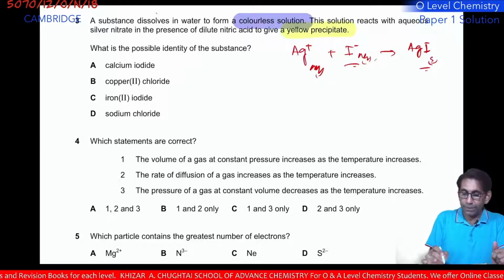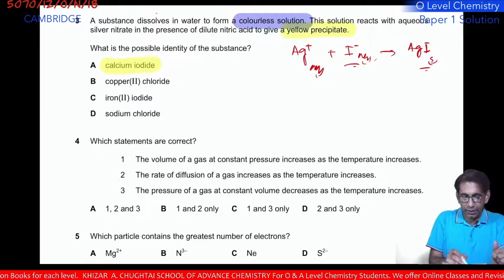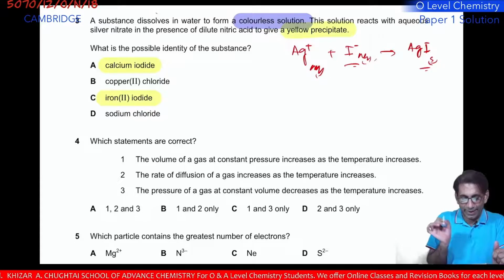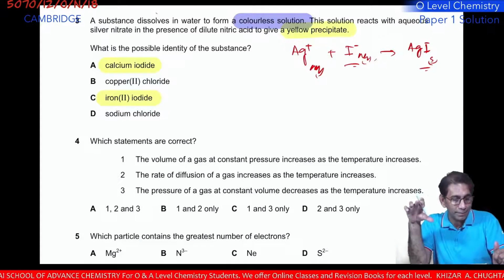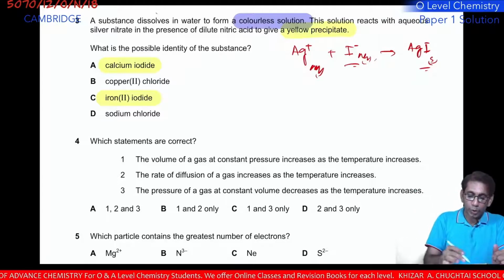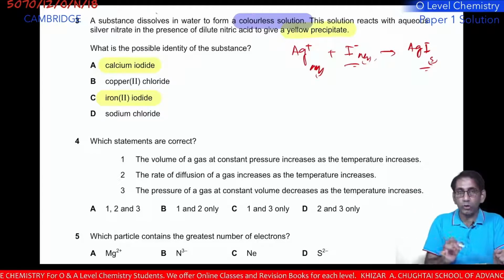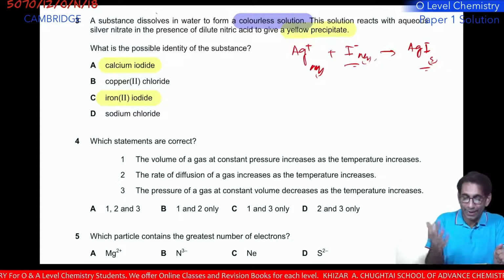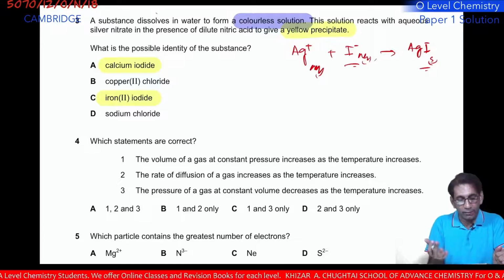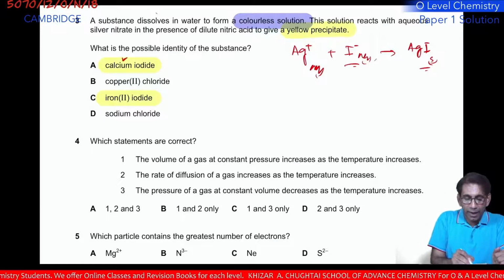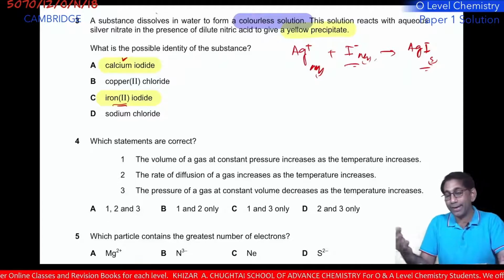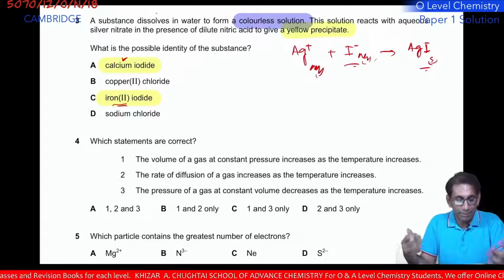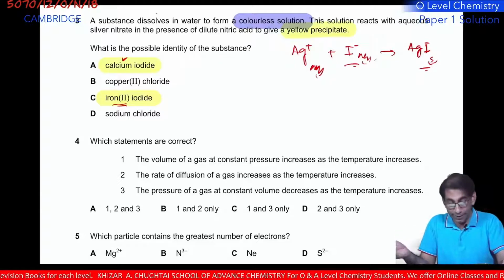Number one, option A may be correct, and the second one is C, because they both have iodide ion. The next one, which one will be colorless in solution? That is the calcium. Iron 2 is greenish, making a green solution, that is green in color.